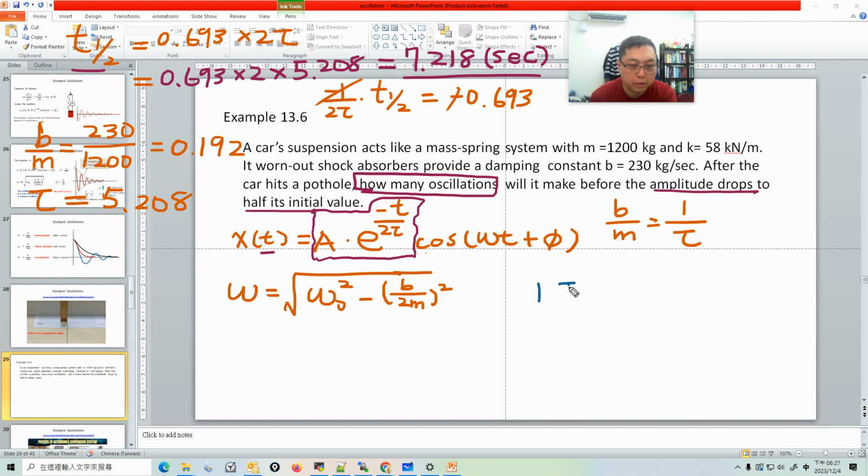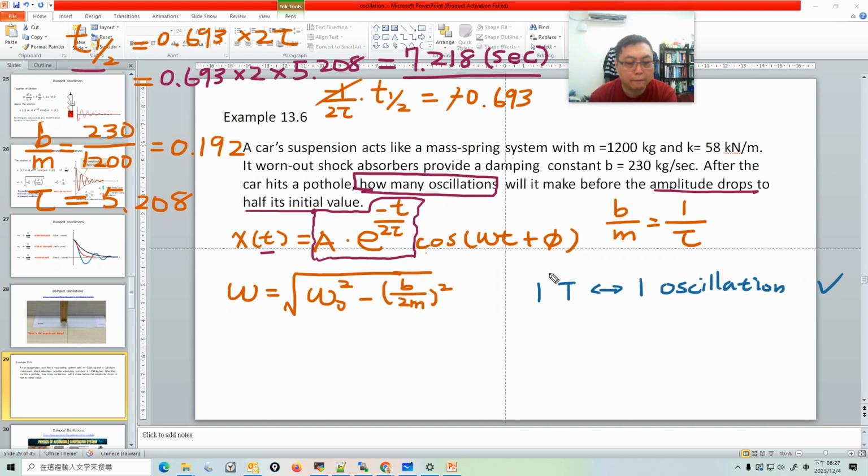One full oscillation is one period, right? Doing one oscillation means one period. Just that simple.